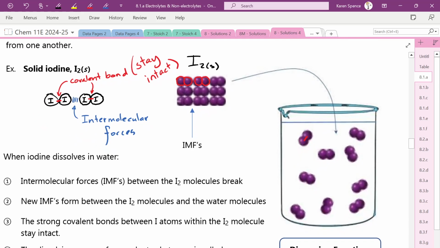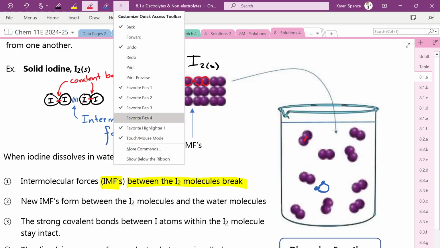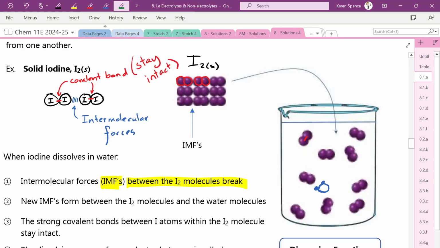So when iodine dissolves in water, our IMFs between the I2 molecules break, and then if I had a little water molecule here, I would have some IMFs in between the two.